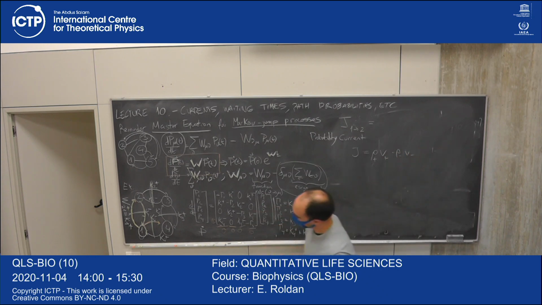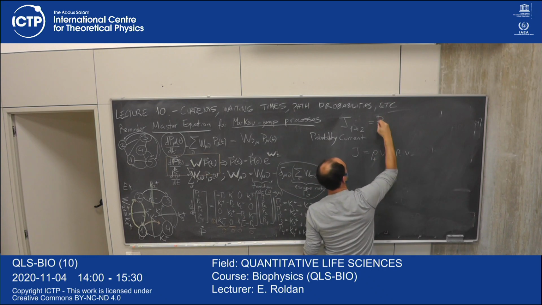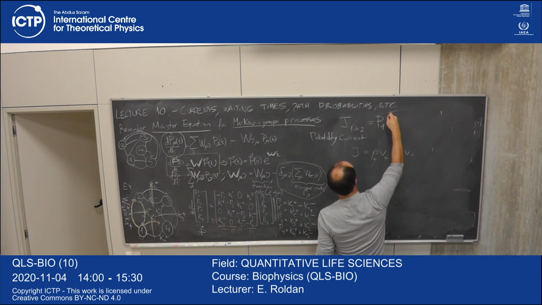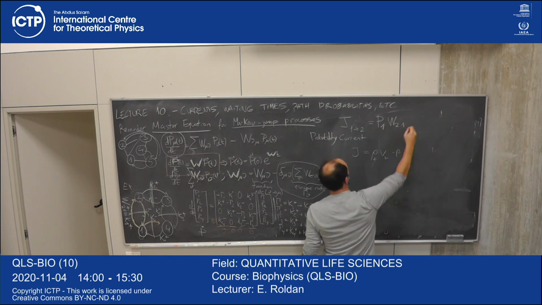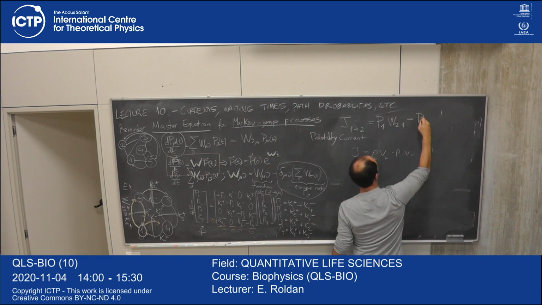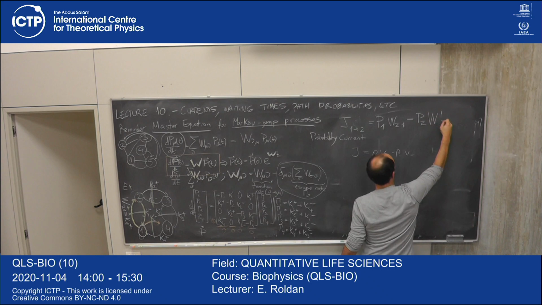In this context, this is P1 times the rate from 1 to 2, minus P2 times the rate from 2 to 1.